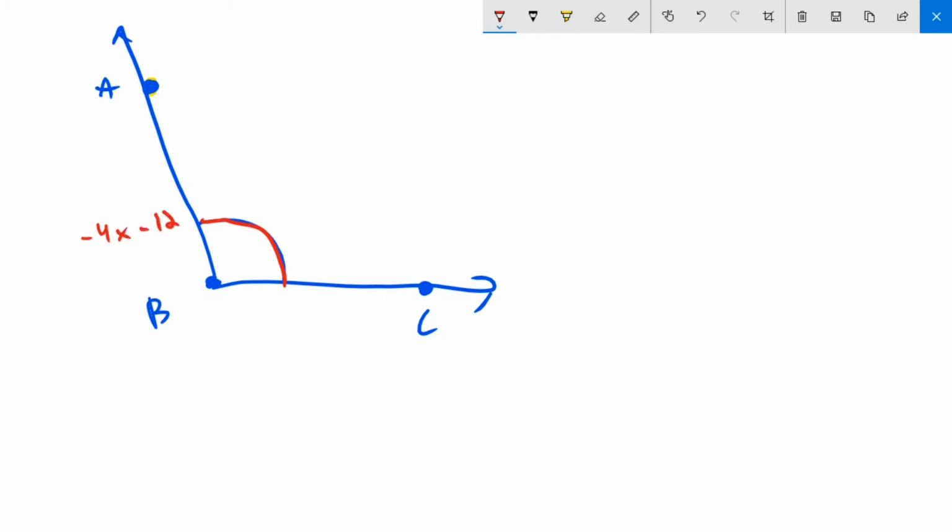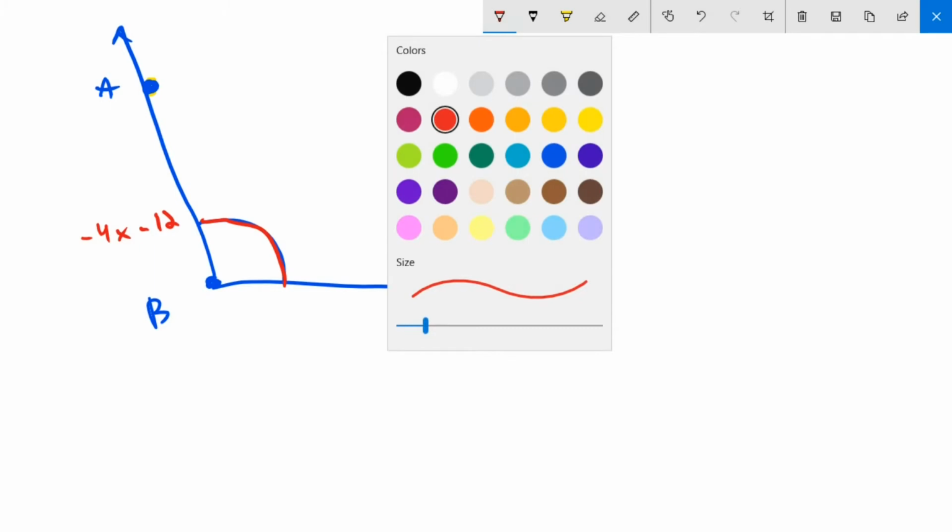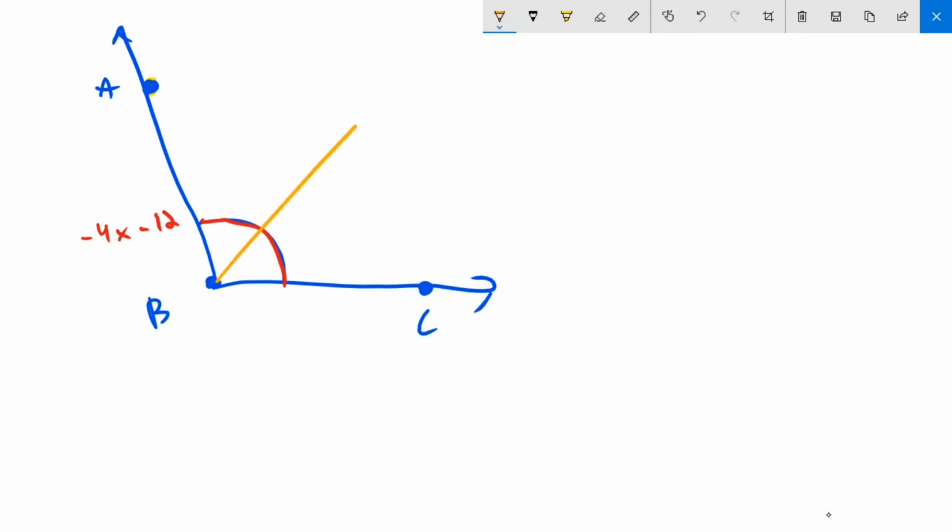And then remember, there's ray BX, X right over here, and that bisects angle ABC. So we know that angle ABX is congruent and equal to angle CBX.